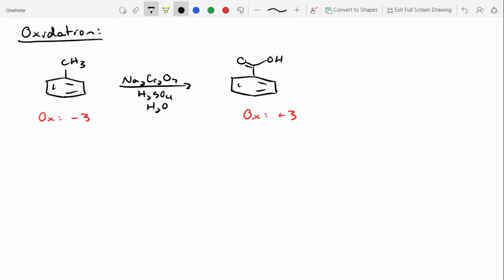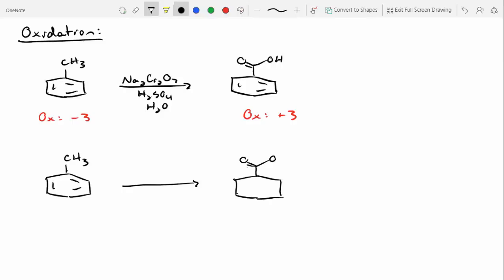The other system that's occasionally used is, you can also get to benzoic acid by using potassium permanganate. So that's KMnO4, water and heat, followed up by an acidic workup. Oops, forgot my double bonds in there. Either one of these methods can be used to form benzoic acid.